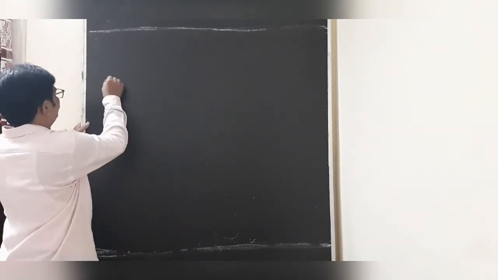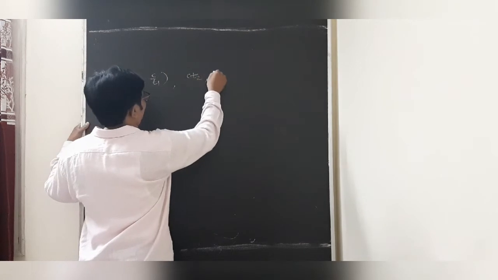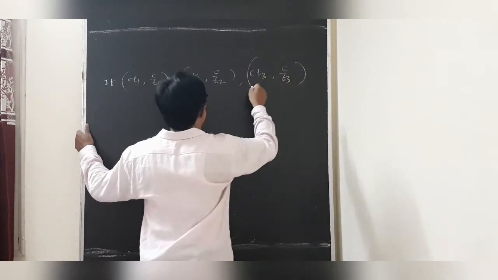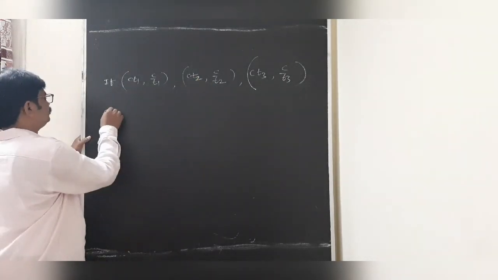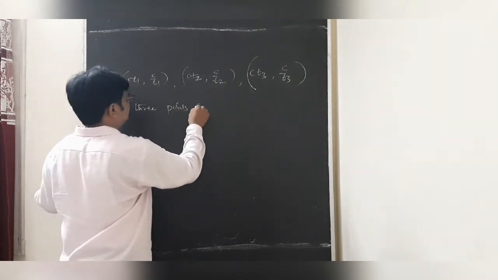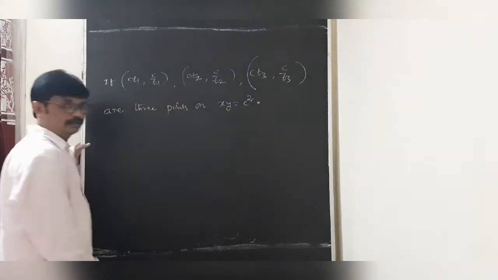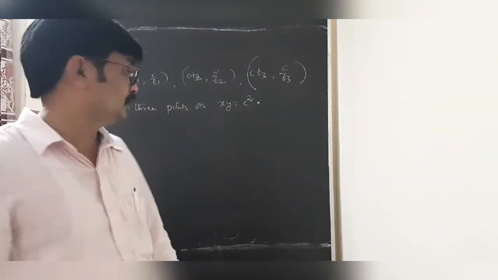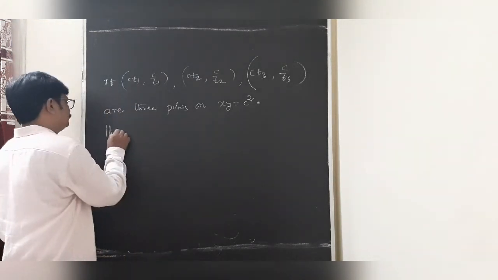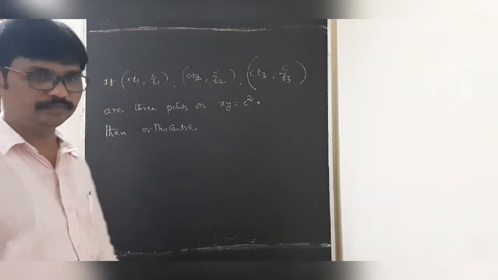But students, if (ct₁, c/t₁), (ct₂, c/t₂), (ct₃, c/t₃) are the three points on the rectangular hyperbola xy = c², then the orthocenter of the triangle formed by them is what?